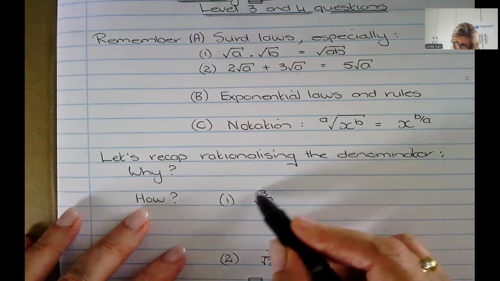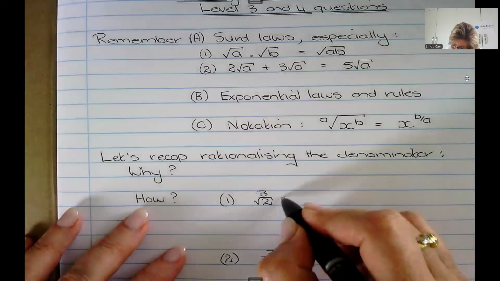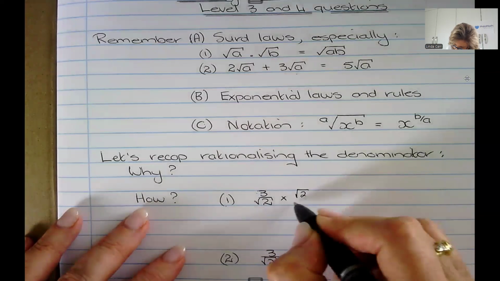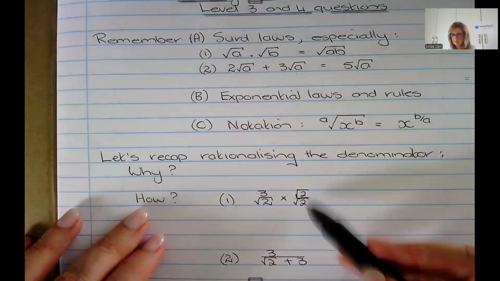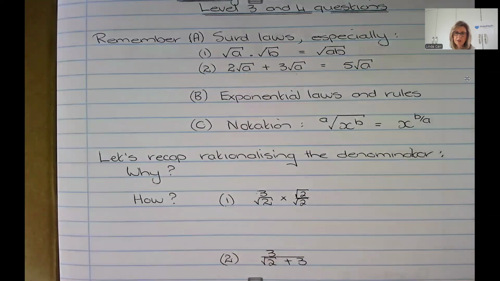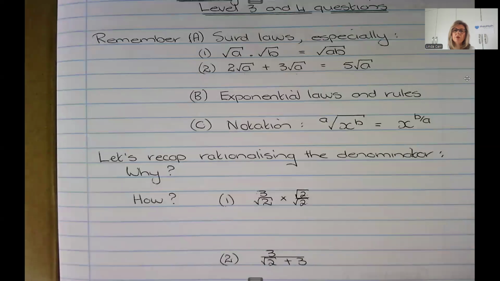Okay, so if it's a single fraction with a surd in the denominator, it's super easy. You're just going to multiply numerator and denominator by the same surd. So think about it. If I multiply by root 2 over root 2, would you agree I'm actually just multiplying by 1?